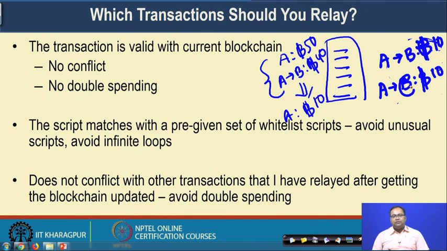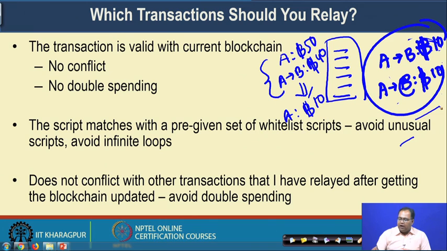If Alice is making two such transactions, this is an example of double spending and Alice is not allowed to make this transaction. So while doing this validation, you have to check that with the existing blockchain there is no conflict, and at the same time there is no double spending.